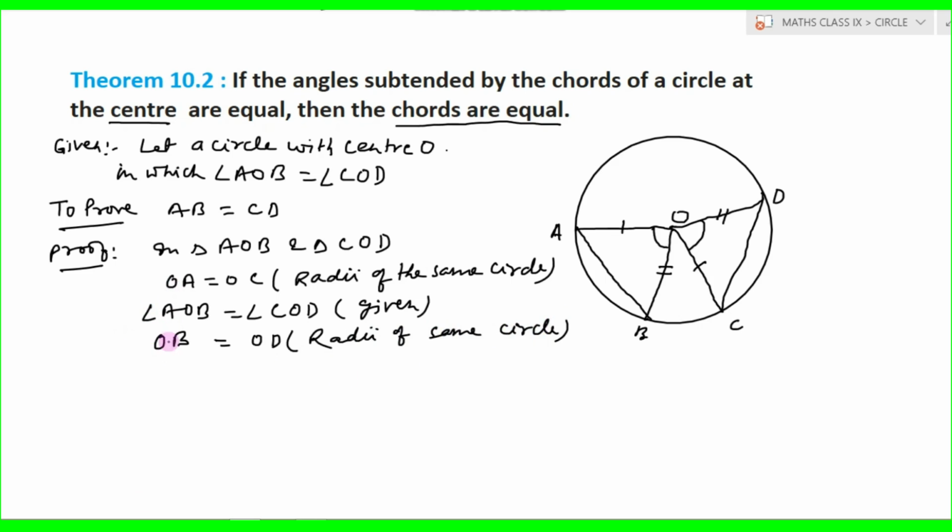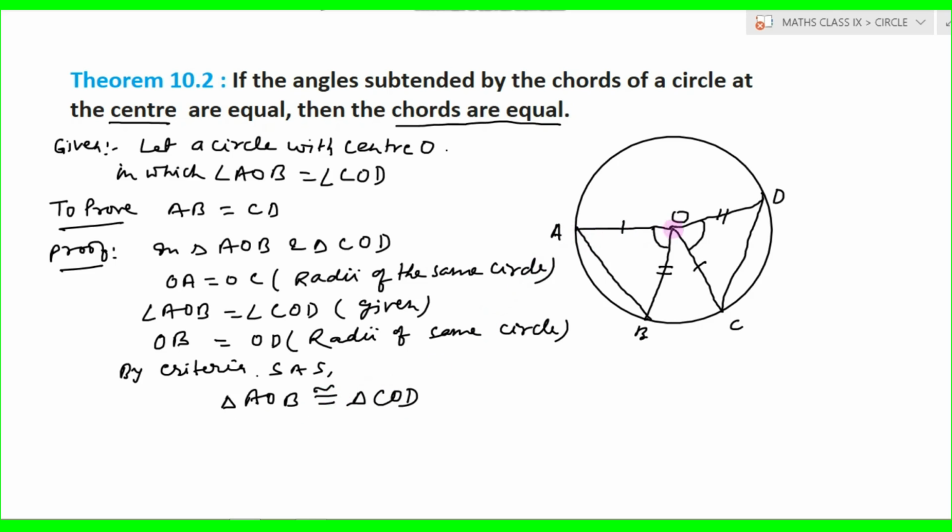An observation of these three steps gives you, by criteria SAS, triangle AOB is congruent to triangle COD, and if the two triangles are congruent, then all corresponding parts are equal.